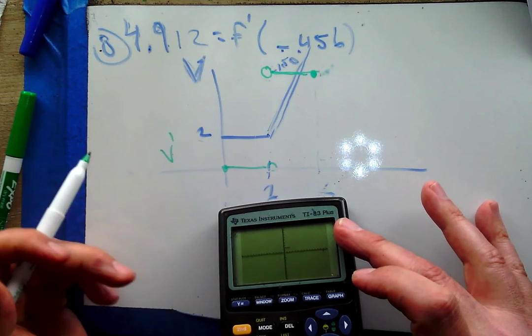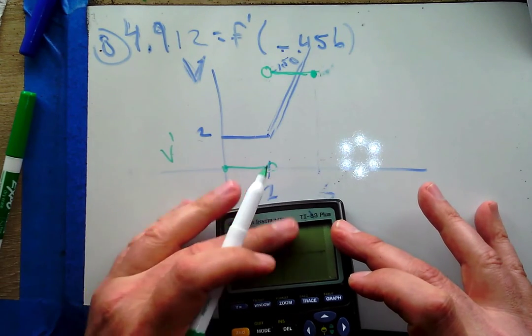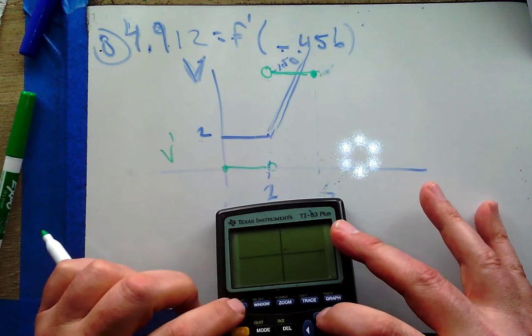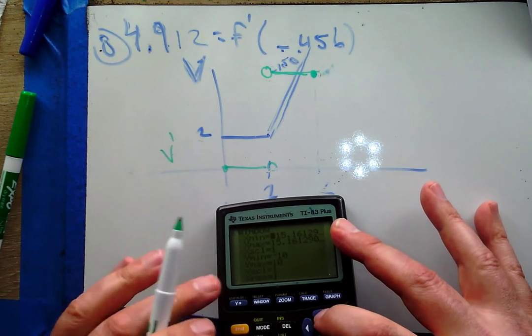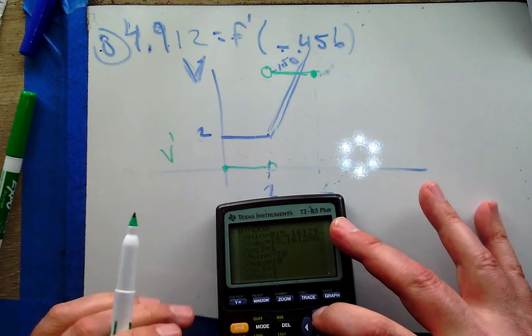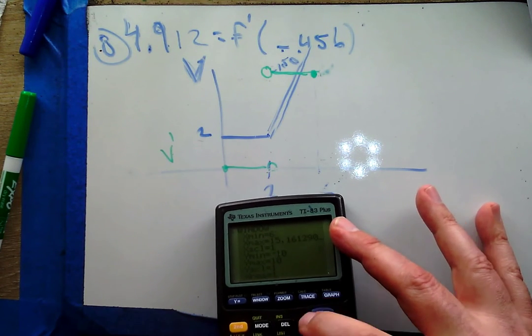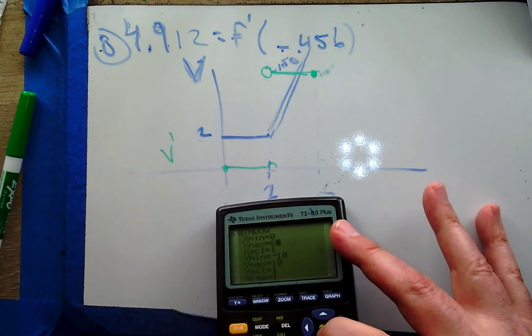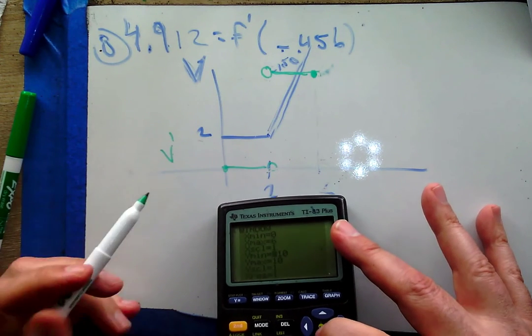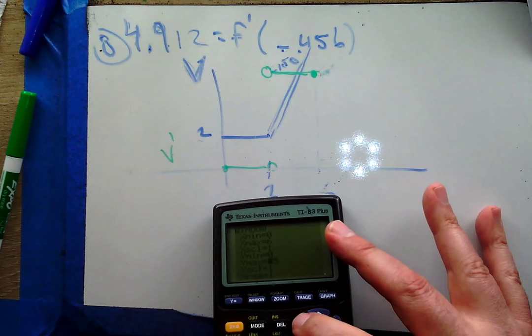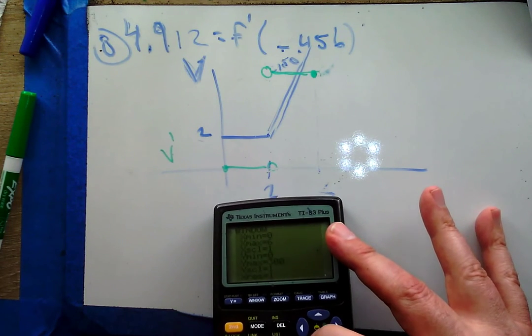Why do I only see that? And the reason I only see that is because that slope is so steep. So let's change our viewing window. 0 to 6. Oops. 0 to 6. And 0 to 300.